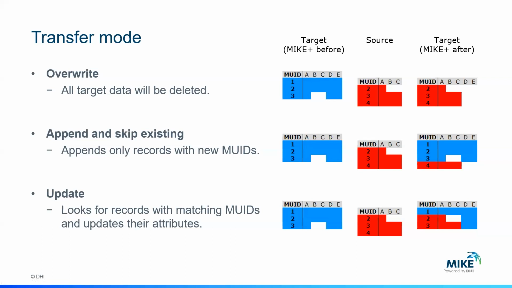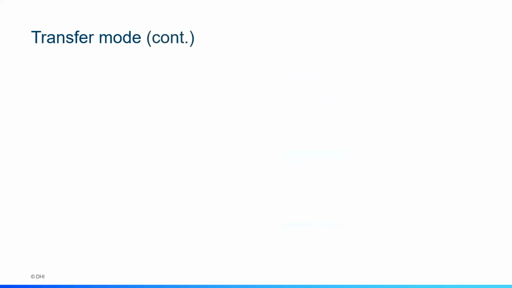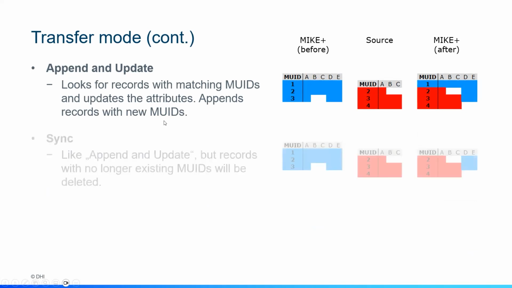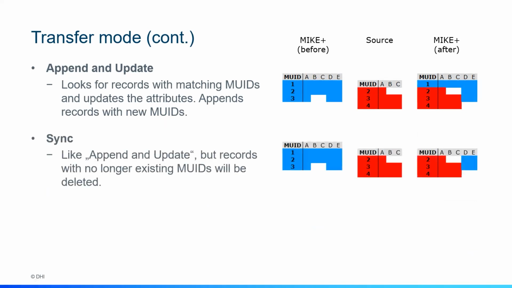And the next 3 transfer modes are sort of a combination of the existing ones. Append and update does exactly what it says. It updates and it appends, like described in the earlier slide.